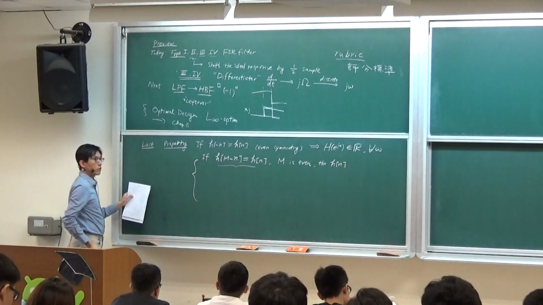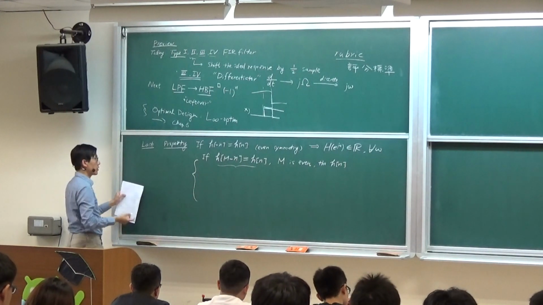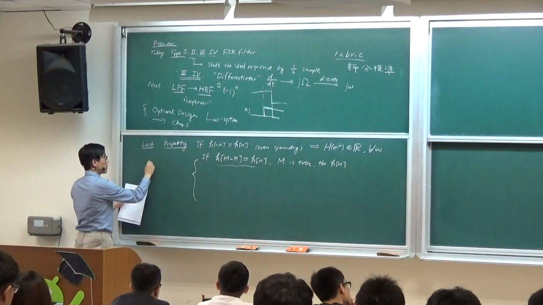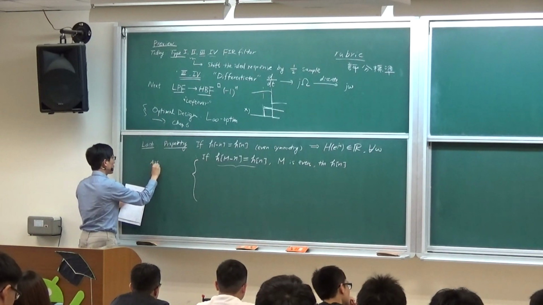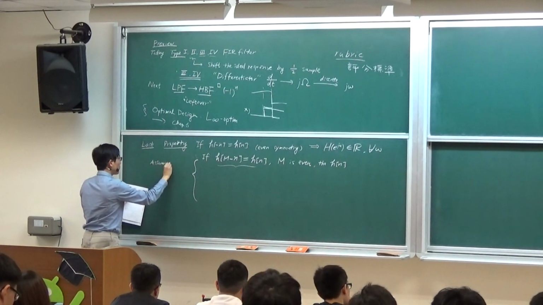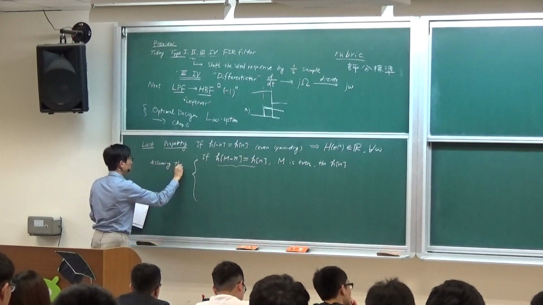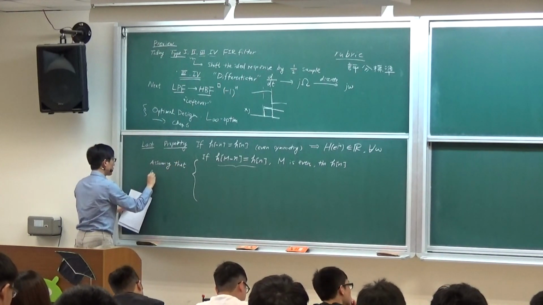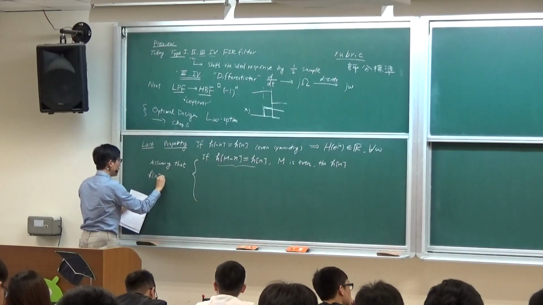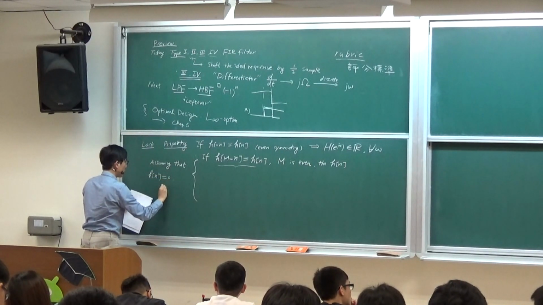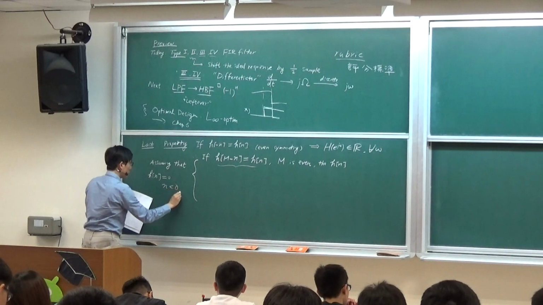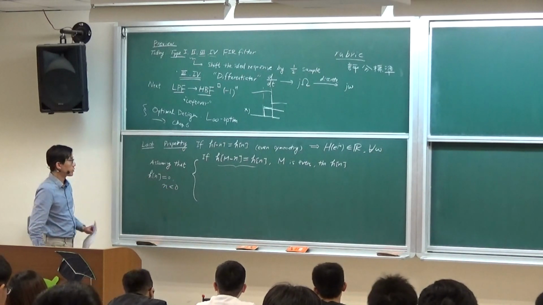We're not going to give the definition of 4 different types, okay? But here, let me assume that these filters are also causal. In other words, assuming that h of n is 0 for negative time, before time 0.